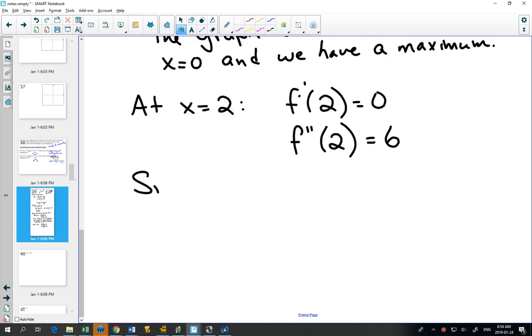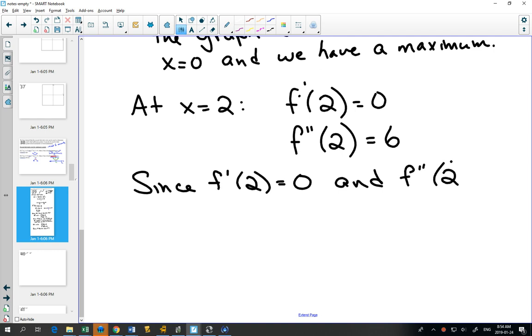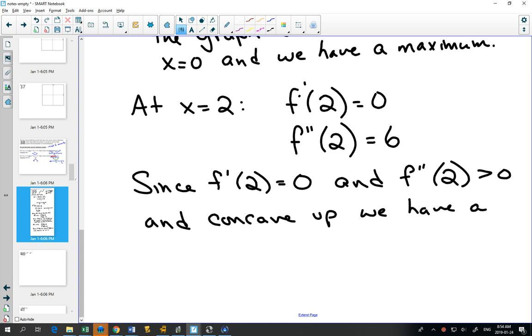And we can write the same statement. Since f prime of 2 is equal to 0 and f double prime of 2 was greater than 0, therefore concave up, we have a minimum.